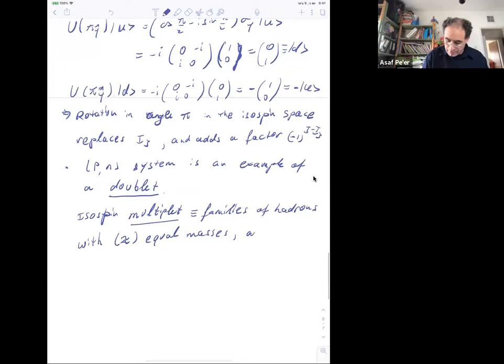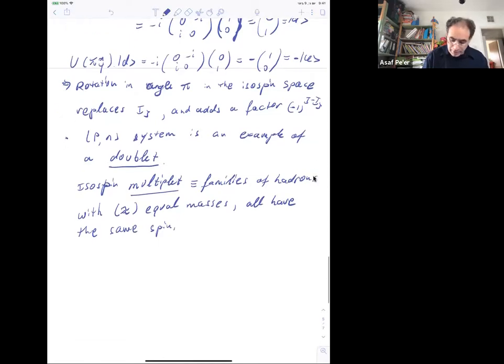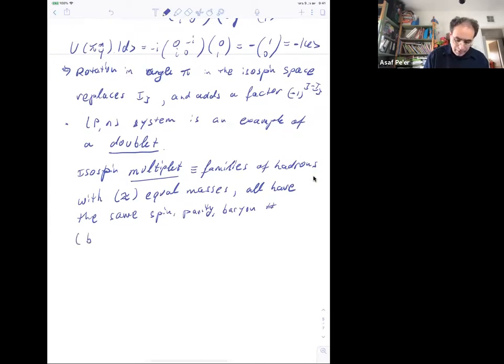They all have the same spin, parity, baryon number, but not the same electric charge.